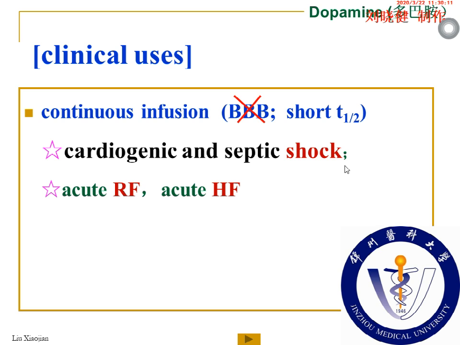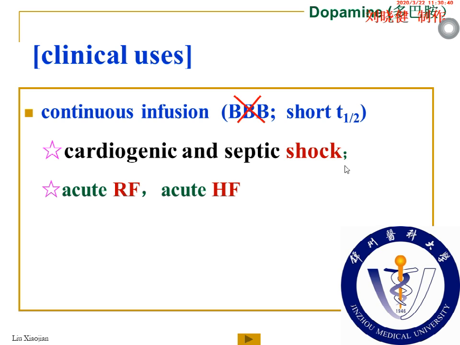So, continuous infusion of dopamine at relatively higher velocity, higher dose, is very useful. And usually, in the treatment of shock using dopamine, the velocity of dripping dopamine should be regulated according to the blood pressure change.